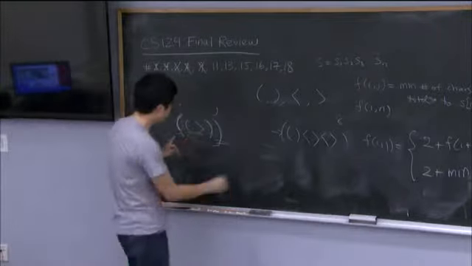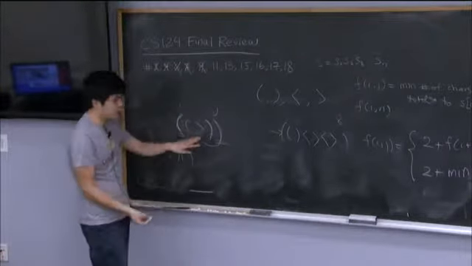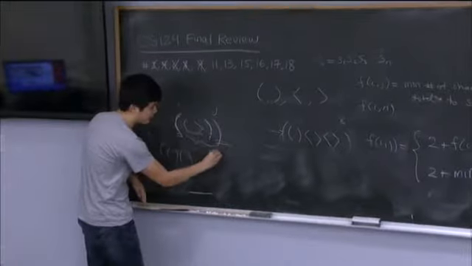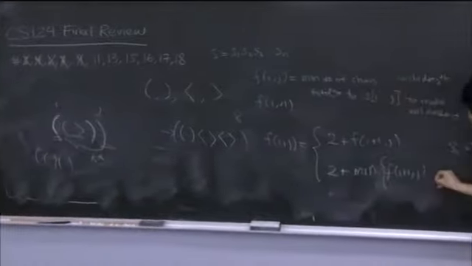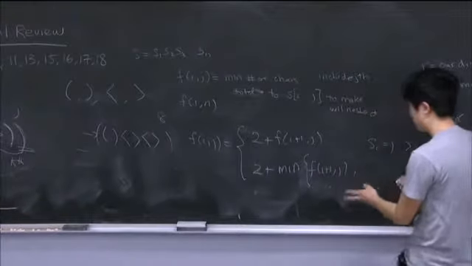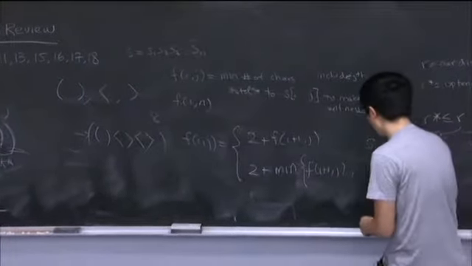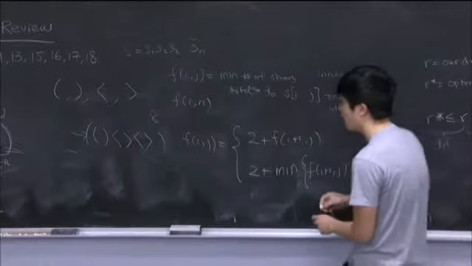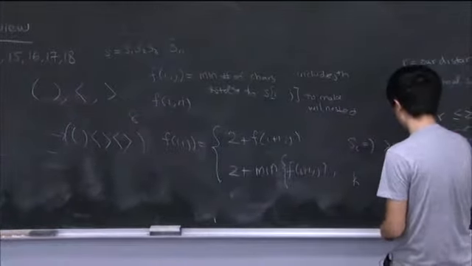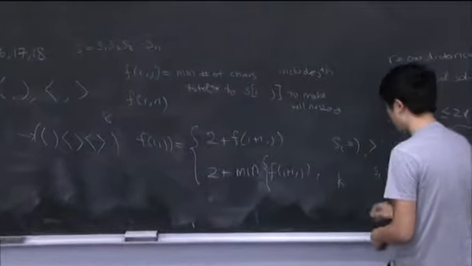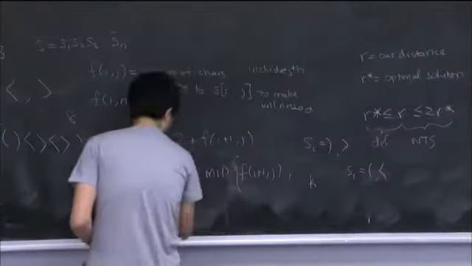So let's say that the closed parens that I try to match against is at the kth character. Then I'm going to take a minimum over all of these. This is the case where S i is equal to an open parens, an open angle bracket. My notation is kind of bad here.